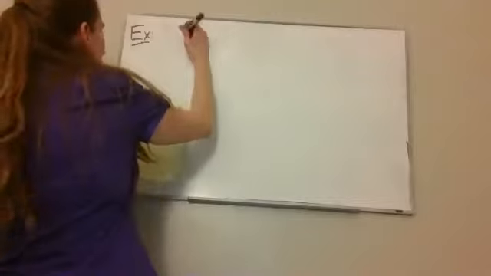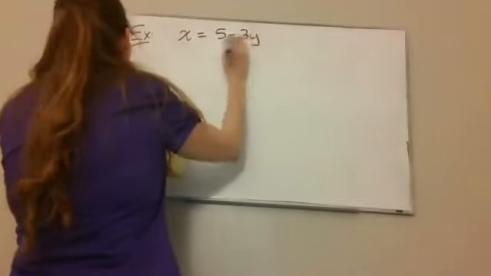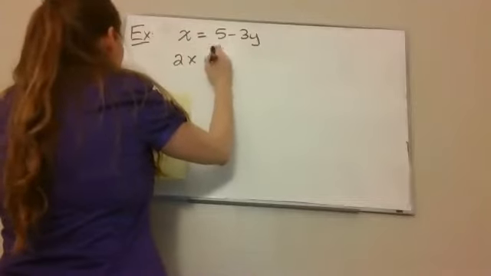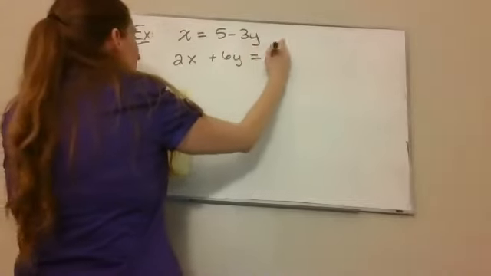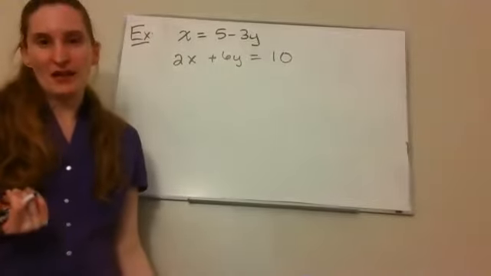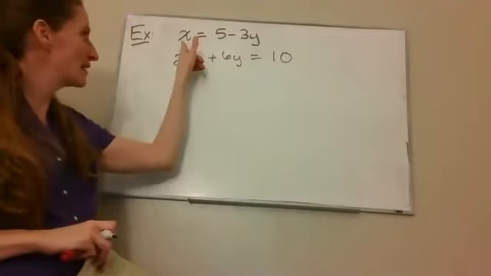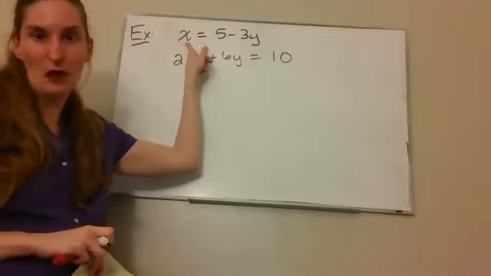Well, how about the equations x equals 5 minus 3y and 2x plus 6y equals 10. Now, this problem I would actually use substitution on, and the only reason for that is because my top equation already has x solved for.